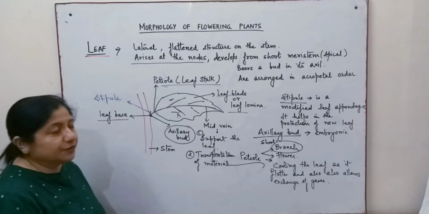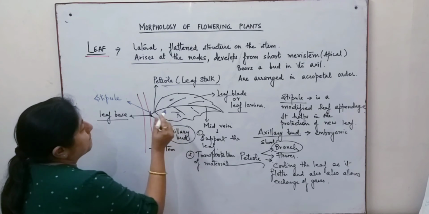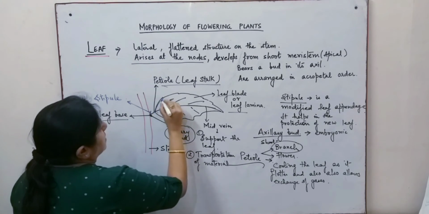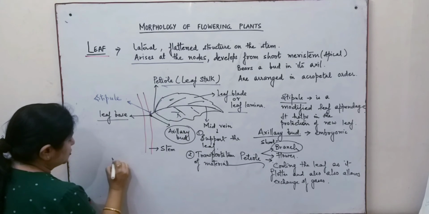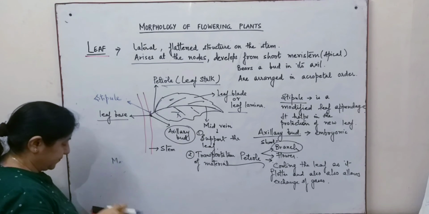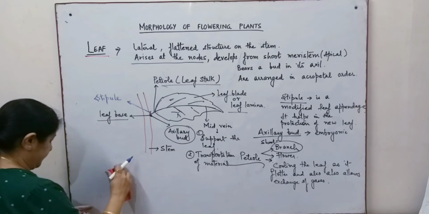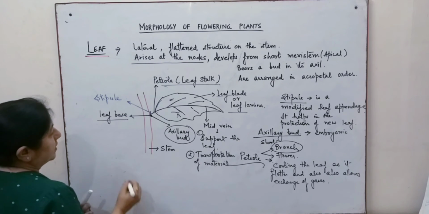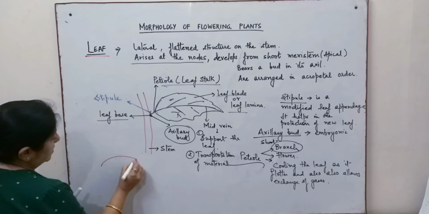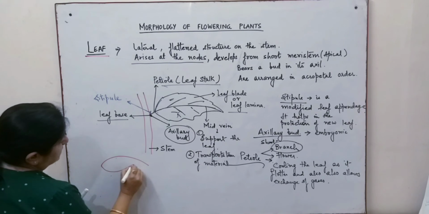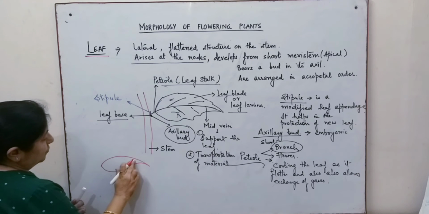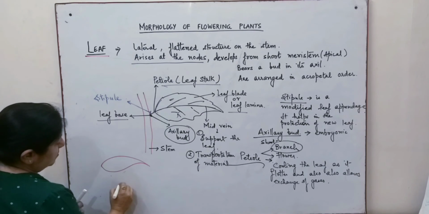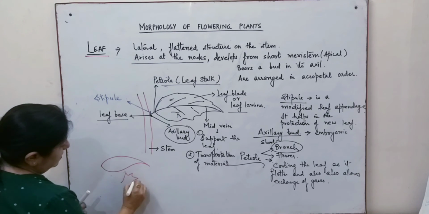Also, if you observe carefully, the margin of the leaf can be varyingly seen. You can see sometimes the smooth margin, or the margin may be otherwise.